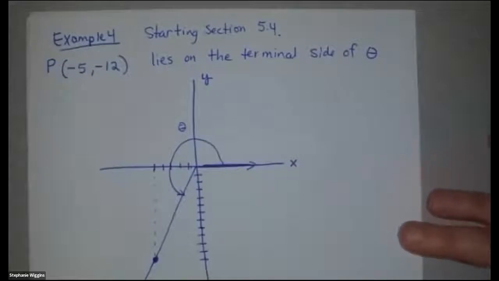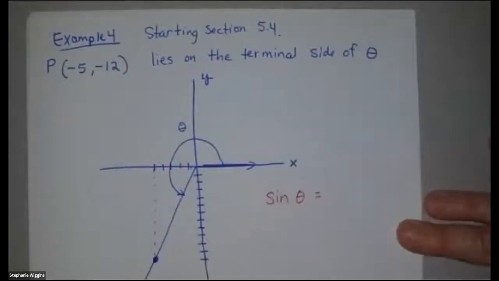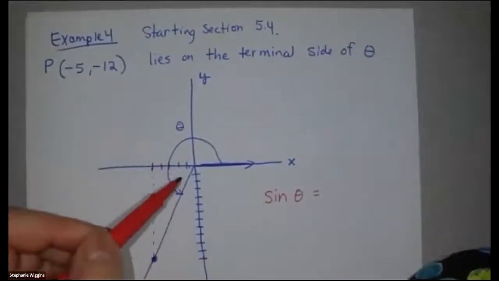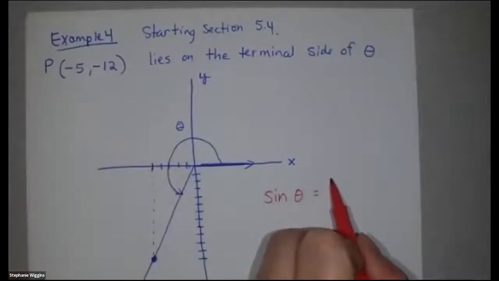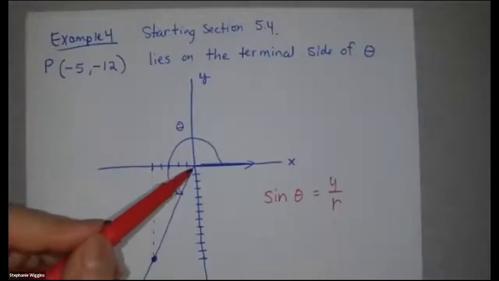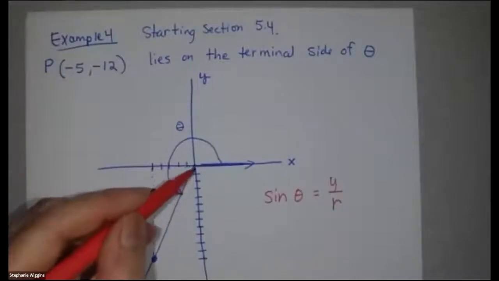So the trig functions, if we look at that, sine of theta, well, think about it. The sine of theta is going to be y divided by r. So r is the distance from here to here. Okay, that's our r.